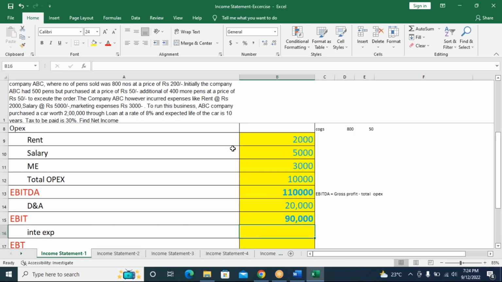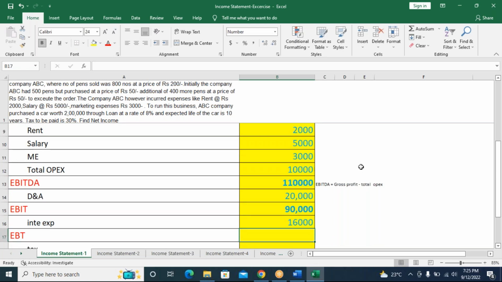Okay. So now they are telling that I have paid the interest. On which one have I paid the interest? Car loan. Yes, on the car loan I have paid 8% interest. So is equal to 2 lakh into 8%. So it is 16,000.